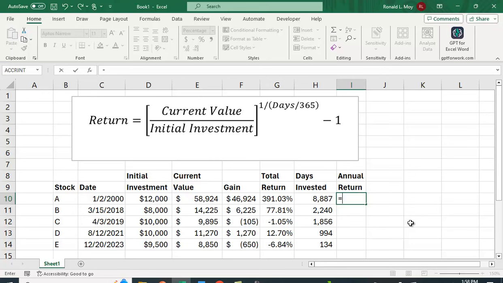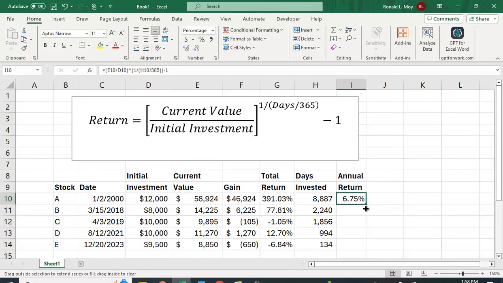So let's see here. Okay, I've got the current value divided by the initial investment, and then I want to raise it to the power of 1 divided by the number of days divided by 365, and I think I need 2 parentheses there, and then I'm going to subtract 1 here, and let's see if that works. 6.75%.